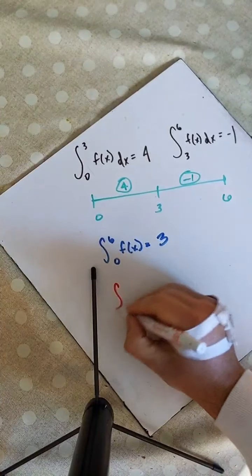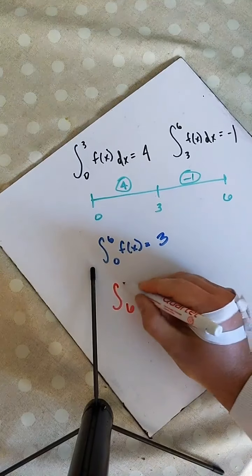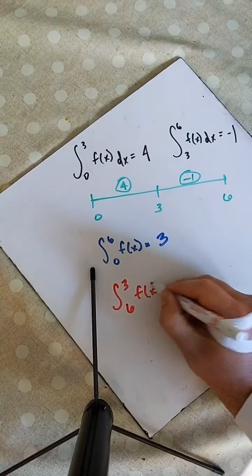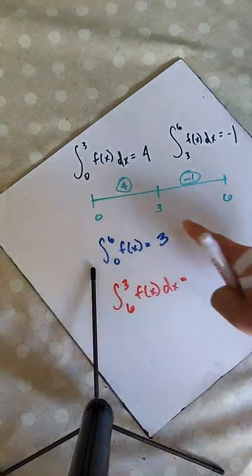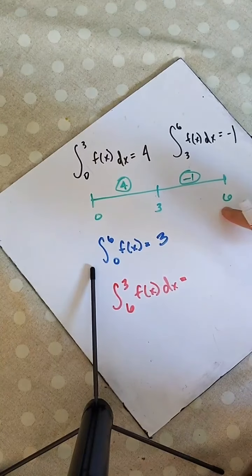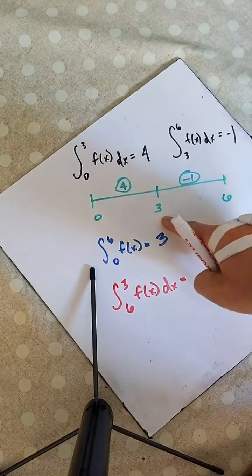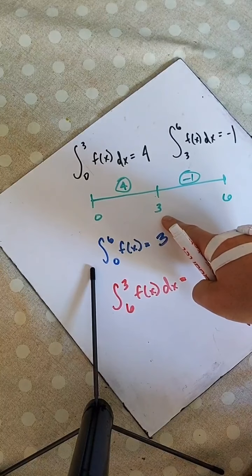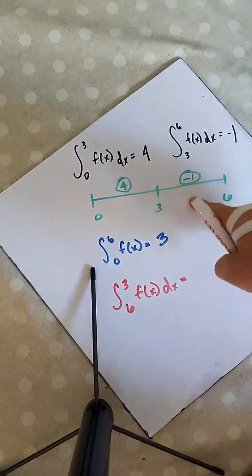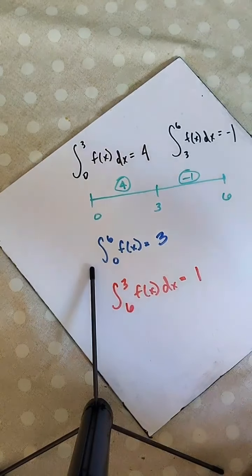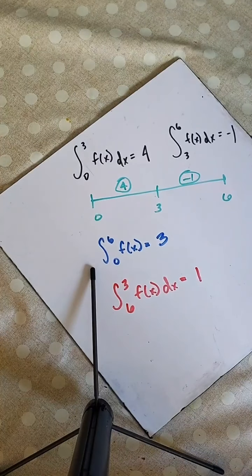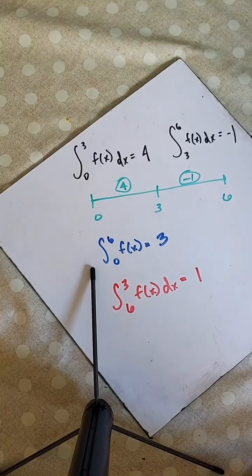Next, B. What's the integral from 6 to 3 of f of x dx? Well, if we know from 3 to 6 it's -1, if I go 6 to 3, it's got to be the opposite of that, a negative answer. And the opposite of -1 is a positive 1. So from 3 to 6, if we go backwards, we get the opposite answer.